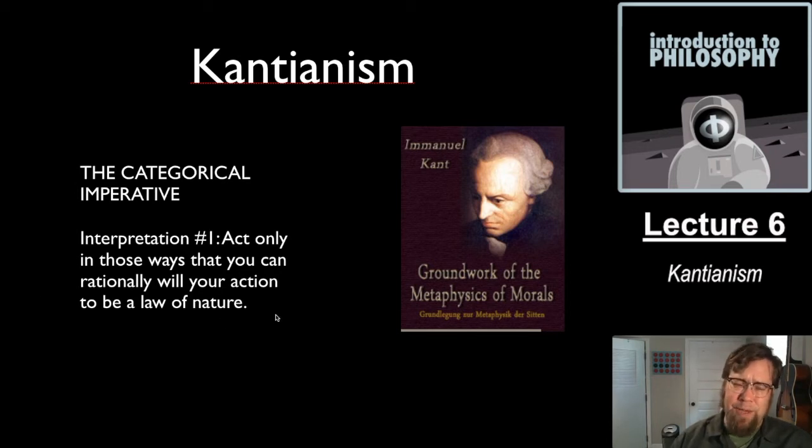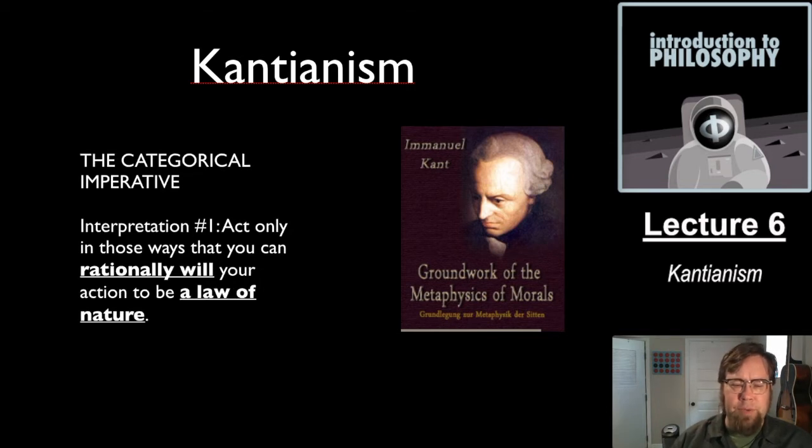Then there's this other thing about willing your action to be a law of nature. What does that mean? So there's two things really that we need to focus on to make sure we understand what's being said in the categorical imperative. Those two things are the idea of rationally willing something, and the second idea of that thing being a law of nature.